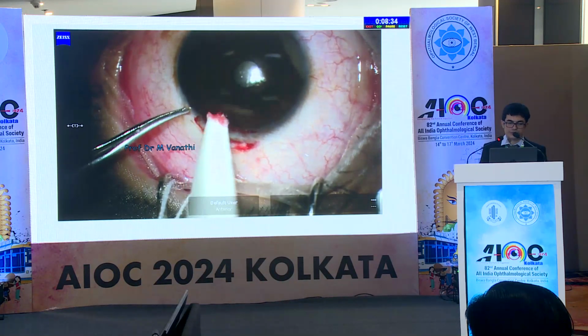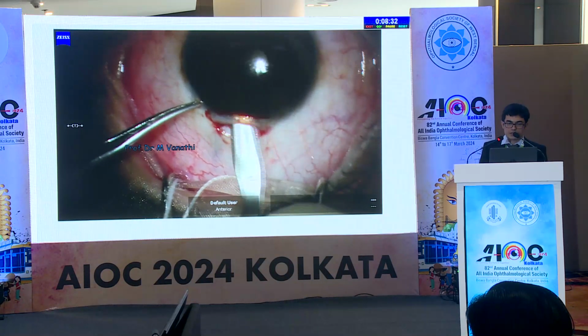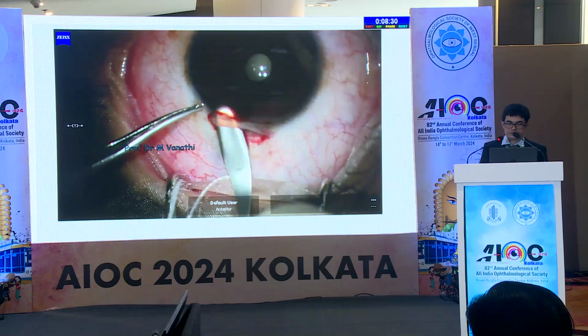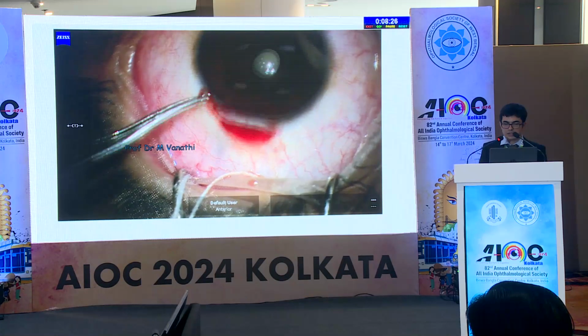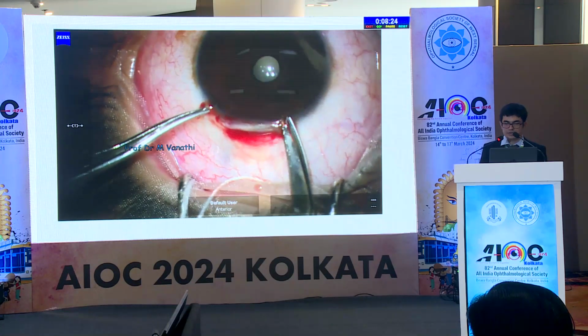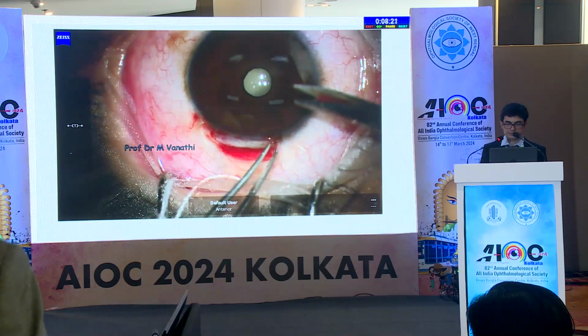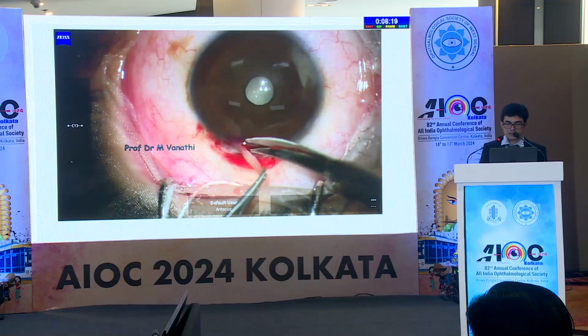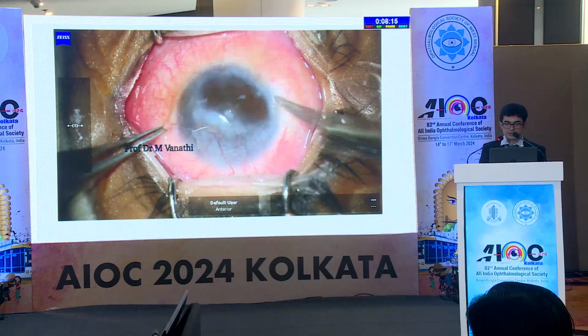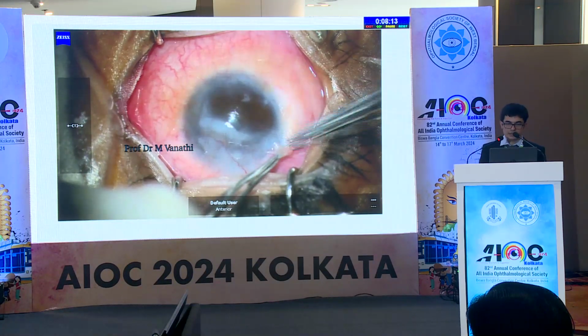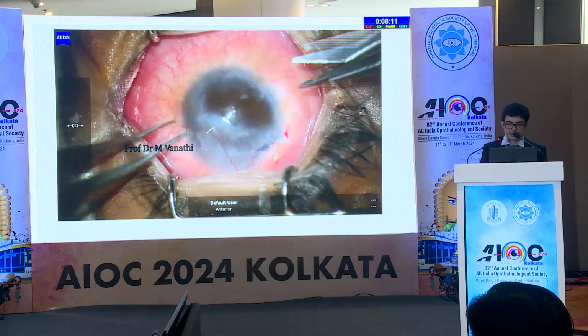Blunt dissection is carried out using the crescent blade, and it is cut using Vannas scissors, and it is stored.